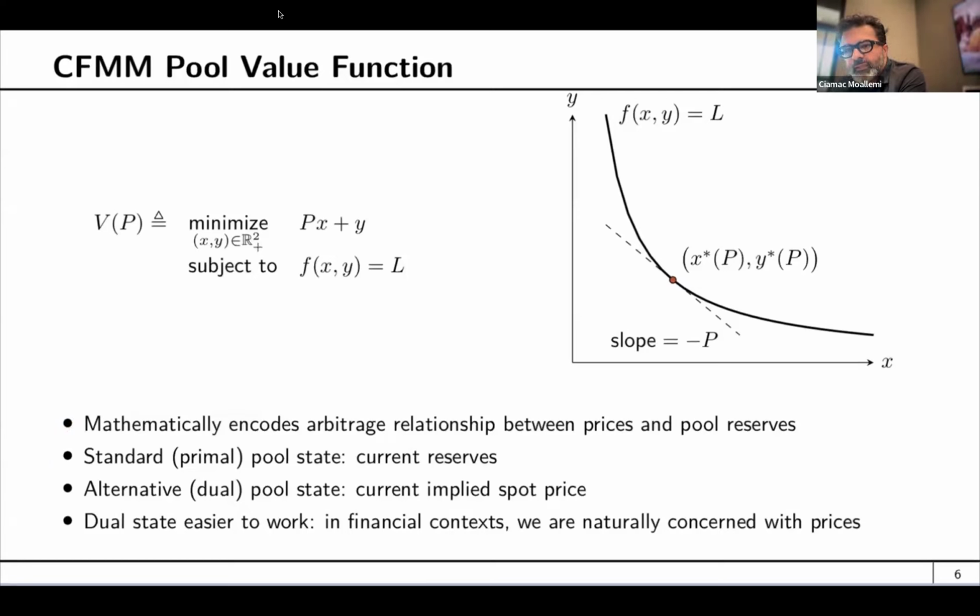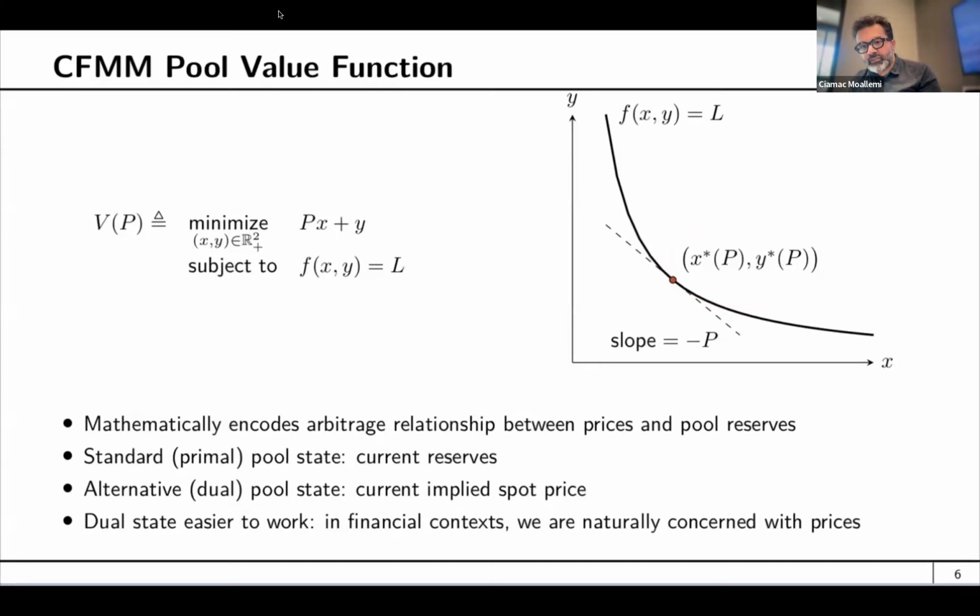An alternative, and maybe a dual, representation is to not define this as a vector, but to define it through a supporting hyperplane. And that supporting hyperplane is defined through the current spot price. Right. So an alternative representation of what's going on in the pool is, instead of me telling you the current reserves, I can tell you the current implied spot price, and X star and Y star provide a map from that current implied price to the current reserves.